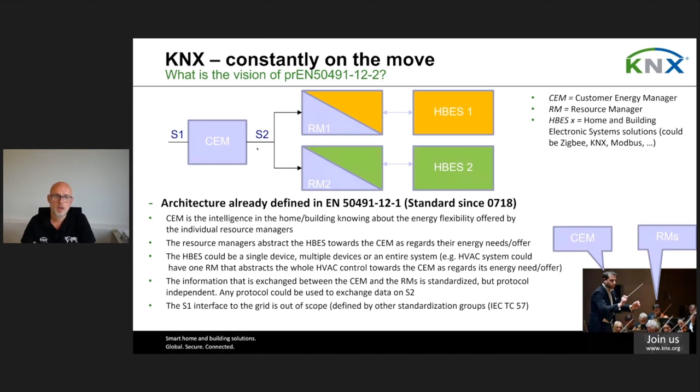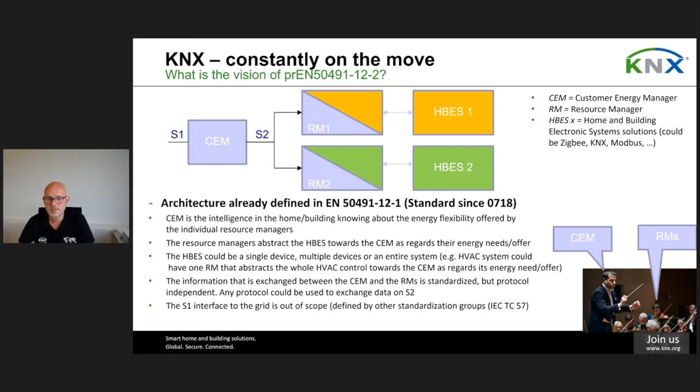And the 50491-12-2 lays down this so-called S2 interface. This S2 interface is the interaction between the SEM and one or more resource managers, but the standard does not lay down which protocol must be used for that.